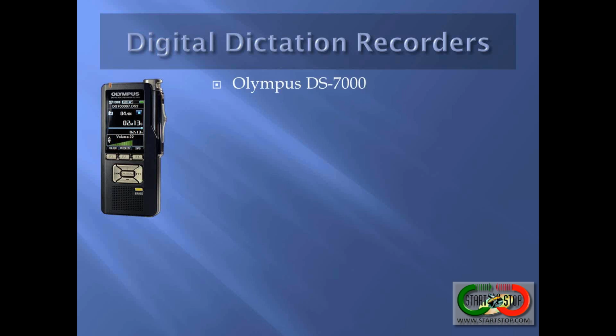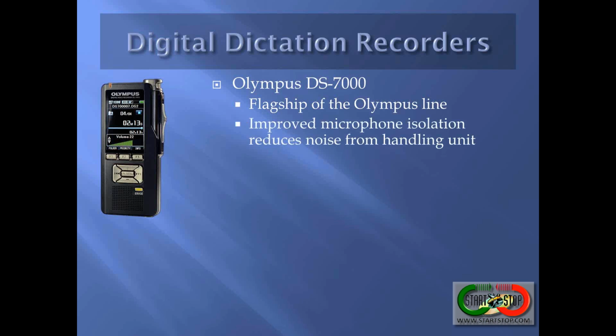The first one we're going to look at here is the Olympus DS7000. This is the flagship of the Olympus line. This is their business dictation recorders. The improved microphone design, its improved isolation from the body of the recorder, reduces the noises that you can pick up from handling the unit while you're recording.